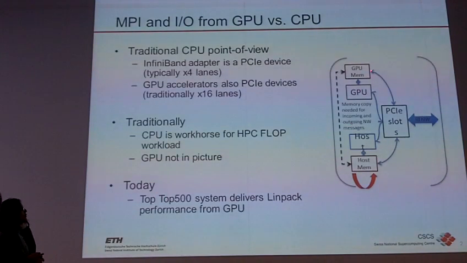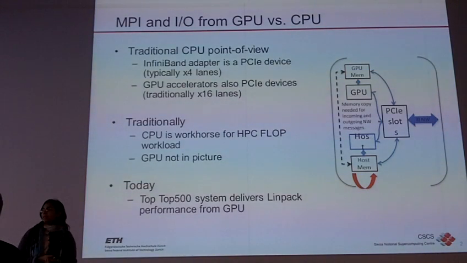When we look at what traditionally goes on, the GPU has some memory attached to it, and the host has its host memory attached to it. When the host sends down some work to the GPU for acceleration, there is explicit memory copying that goes on between host memory and GPU memory.